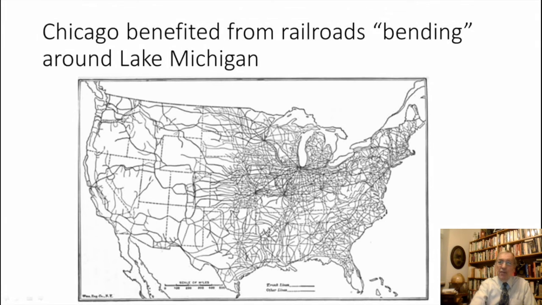We do not have the technology to bridge, maybe we do, but nobody's ever built a bridge across Lake Michigan. So as the northern Great Plains were settled, the two Dakotas and Minnesota and so forth, and Wisconsin and Iowa, all this train traffic had to bend south to come through Chicago and then go on to the East Coast.